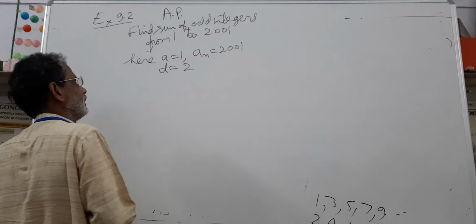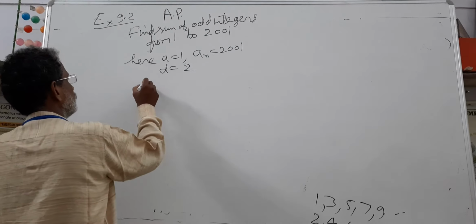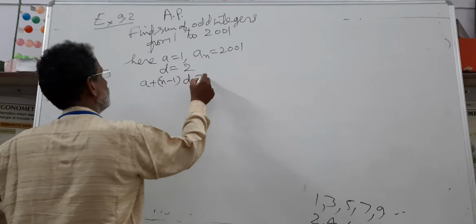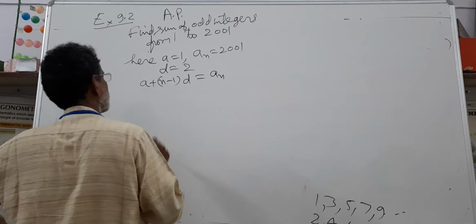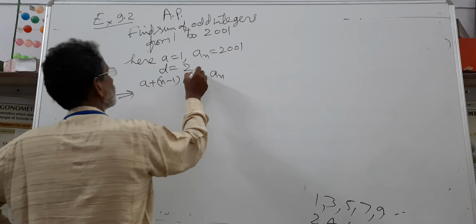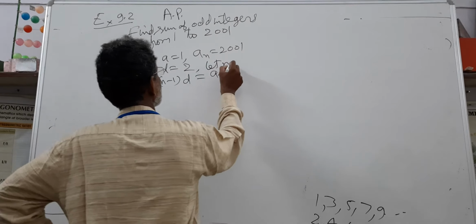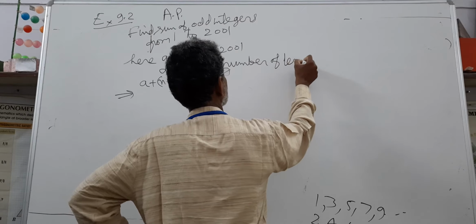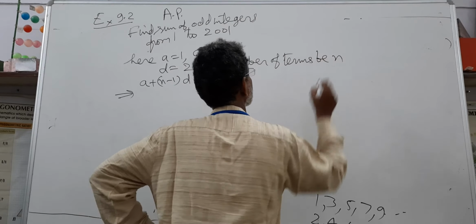First of all, find n using a plus n minus 1 into d is equal to an. Let number of terms be n.